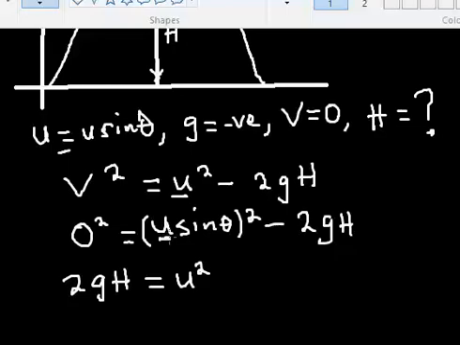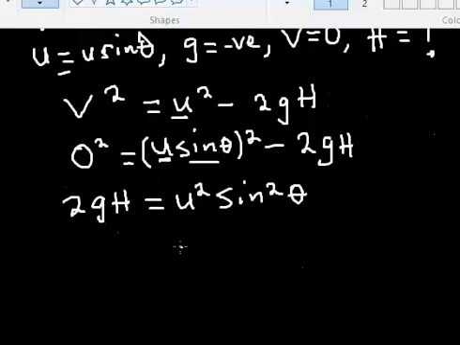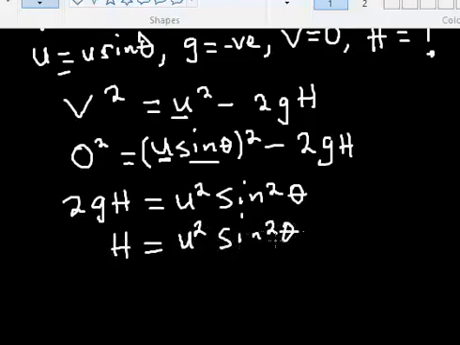If I square U, I'm going to have U squared, and if I square sine theta, I'm going to have sine squared theta. So this now gives me H equal to U squared sine squared theta, then divided by 2G.